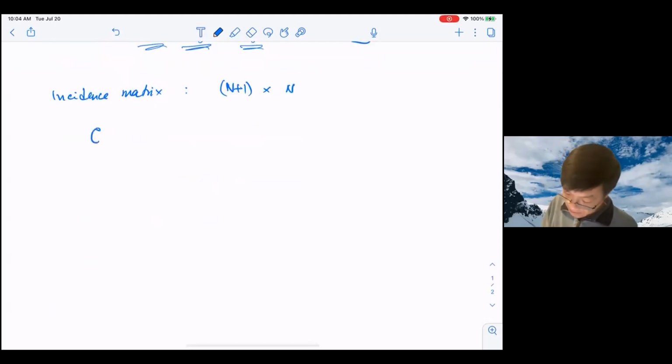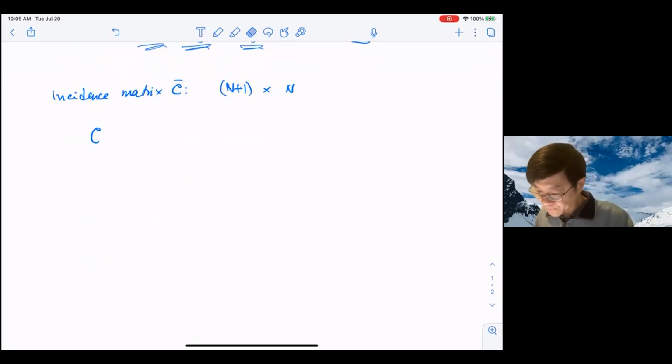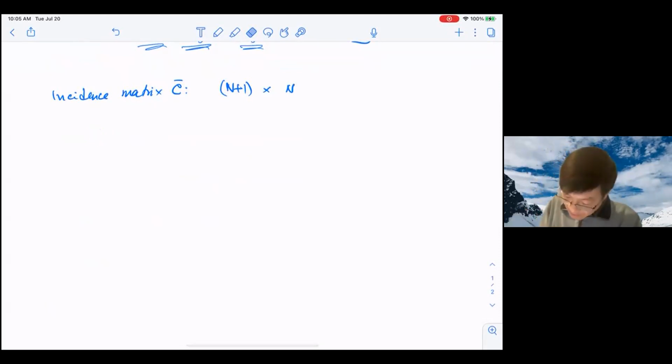We call this C bar, with a bar, because it includes the substation bus 0. Later on, we'll look at a submatrix of C bar, which removes one row.